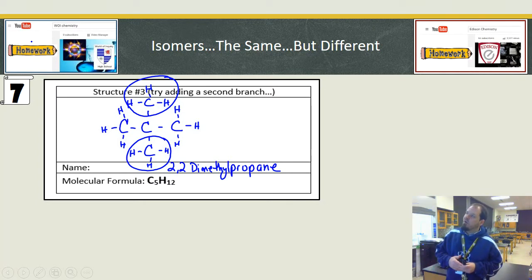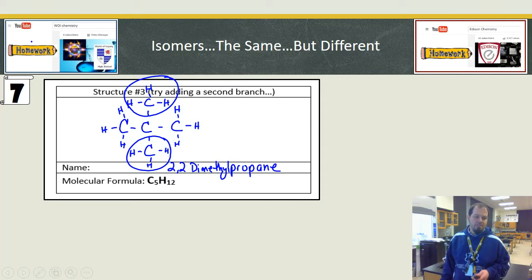I can't go from the pentane that we started with and try to get into a pentene, because that's going to change my number of hydrogens by changing that bonding. So if I'm all single bonded between my carbons, all of my isomers will have single bonds between carbons. If there is a double bond present, then there has to be a double bond present in all my isomers. If there is a triple bond present, there needs to be a triple bond in all of my isomers.